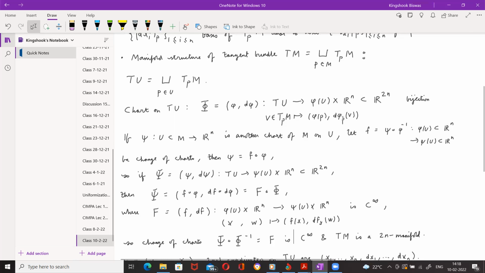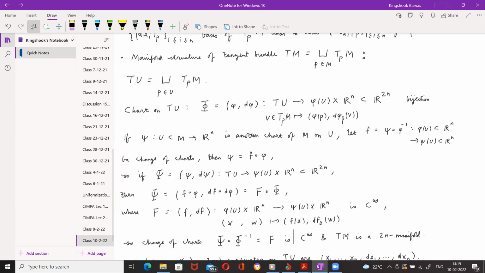And so it's easy to see that this is a bijection. Is that clear? Yes, is it clear to everyone that this is a bijection? Because phi is a bijection from U to phi of U, and for every P in U, d phi P is a bijection from TPM to Rn, right?